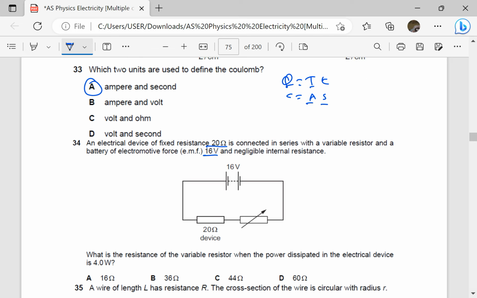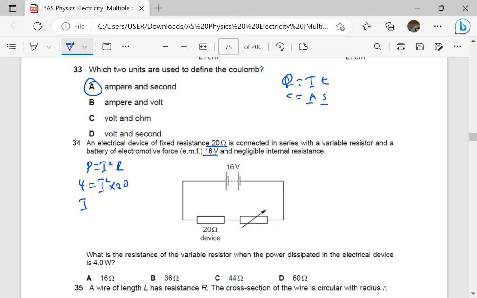Okay, I think that is very easy, although it could be a long process, but let's try it out. We know that power is equal to I squared R. The power in the device is 4. We are trying to find the current I, so I squared times the resistance of the device, which is 20.